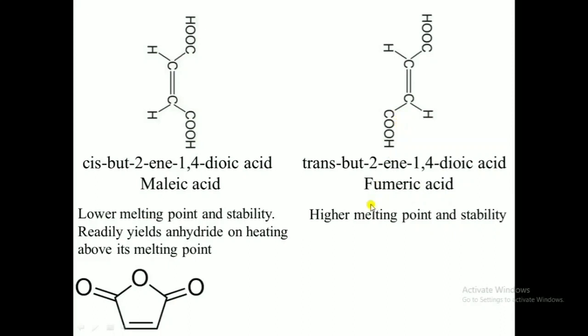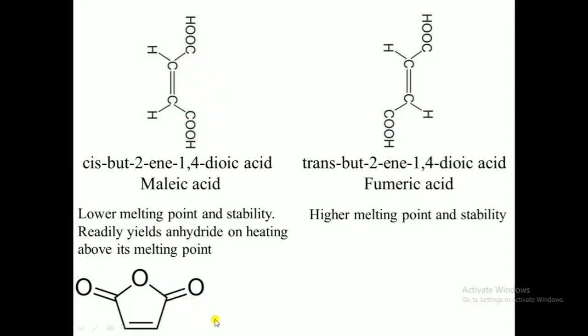Therefore, you can also convert fumaric acid to maleic anhydride by heating it higher than its melting point, but you have to give more temperature, more heat, for this conversion. First, fumaric acid will convert to maleic acid, and after that you will get the maleic anhydride. What I mean is that anhydride formation is very easy here because these two COOH groups are closer to each other, so it's easy for the water molecule to eliminate to form the anhydride.